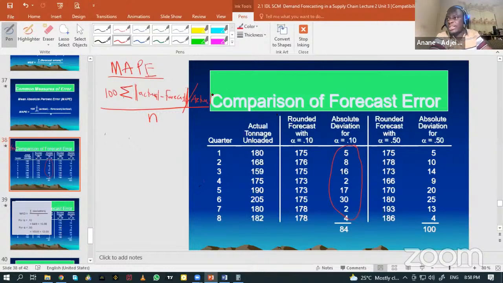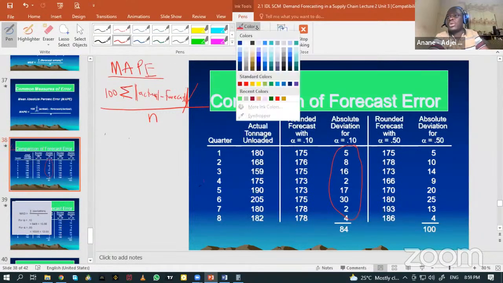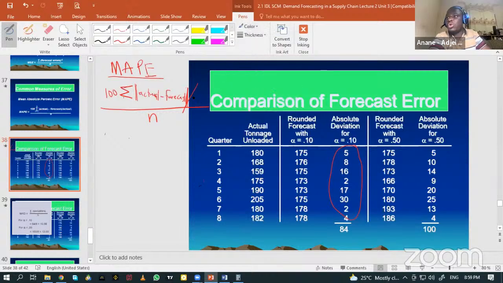Somebody says the one in the blue is not that visible. Okay, I now get you. Let me use a different color pen to write there. Please, I hope you can see.